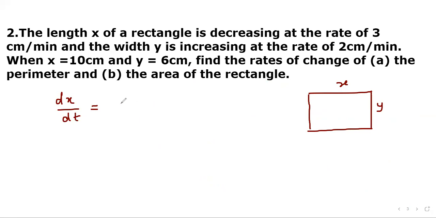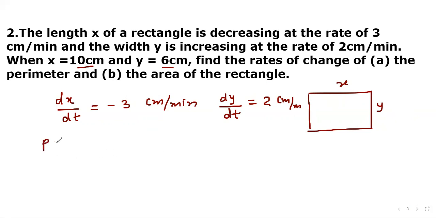Decreasing means we have to write a negative sign, minus 3 cm per minute. And the width y is increasing at the rate of 2 centimeter per minute, that is dy by dt is equal to 2 cm per minute. x is 10, y is 6. Find the rates of change of the perimeter.